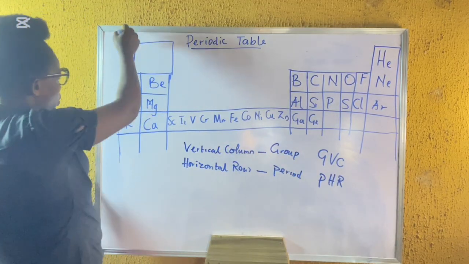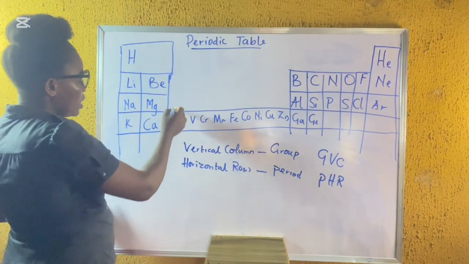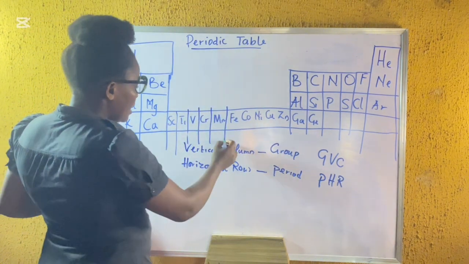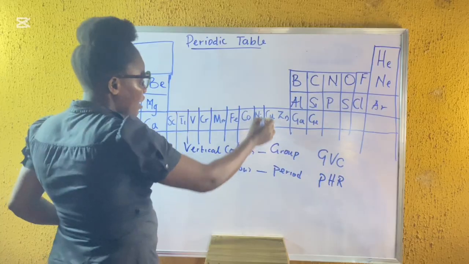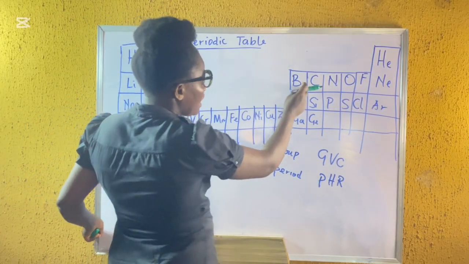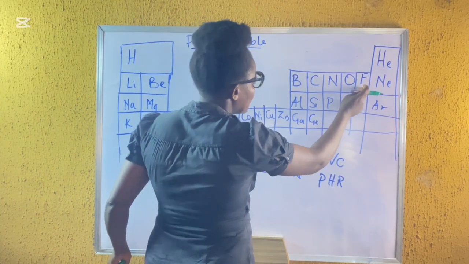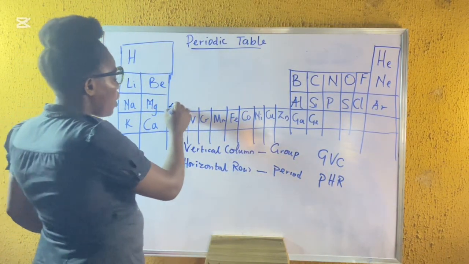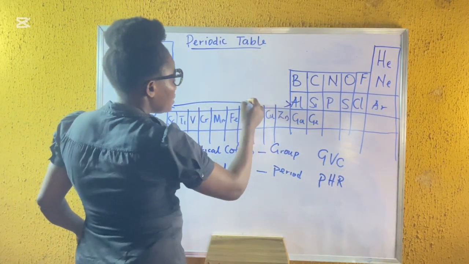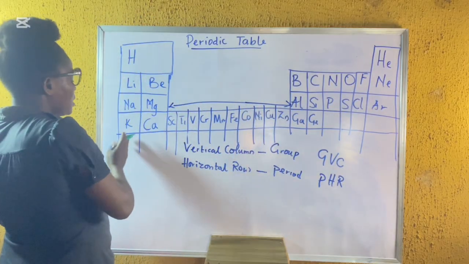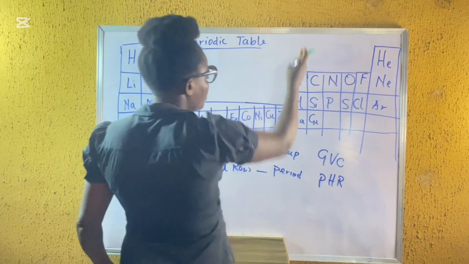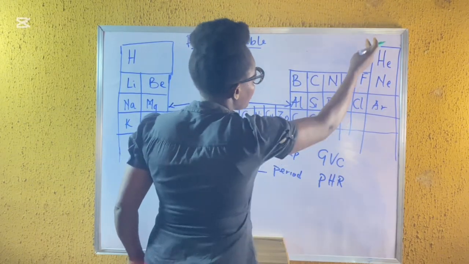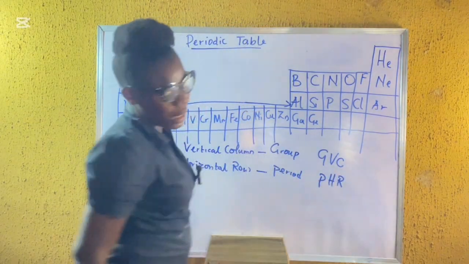So I have 1, 2, here's another 1, 3, 4, 5, 6, 7, 8, 9, 10, 11, 12, 13, 14, 15, 16, 17, 18. But if I am excluding all of this, then I will say group 1, group 2, group 3, group 4, group 5, group 6, group 7, group 8.